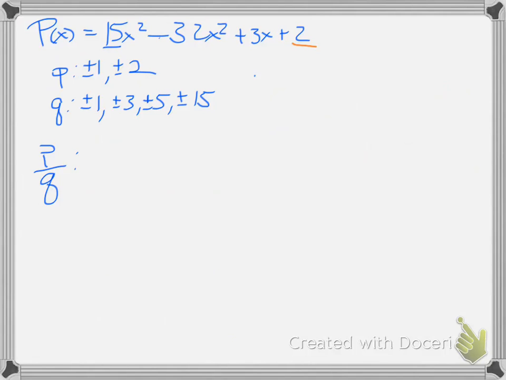sorry, this should be a cubic here. Didn't catch that. And I have, sorry, they're all plus or minus, positive 1 over 1, which is 1. So I have plus or minus 1, plus or minus 2 over 1. Then plus or minus 1 over 3.